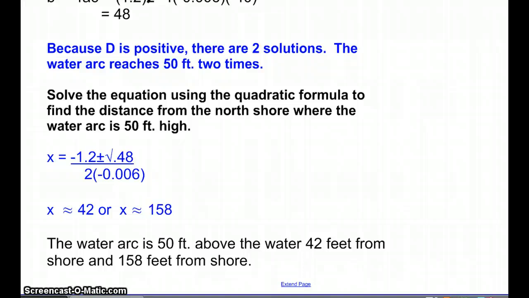So we get two solutions. x is approximately 42 feet, or x is approximately 158 feet. That tells us that the water arc is 50 feet above the water, 42 feet from shore, and 158 feet from shore. Well, that makes sense.